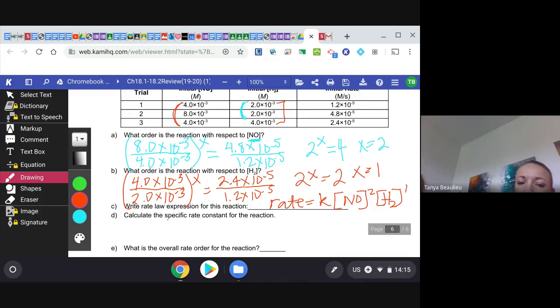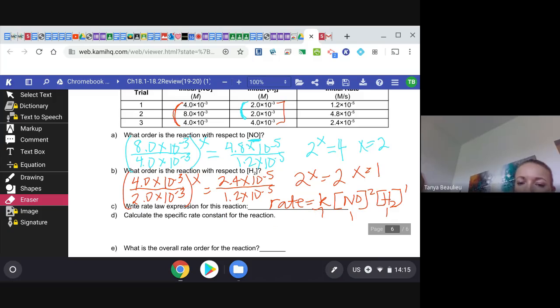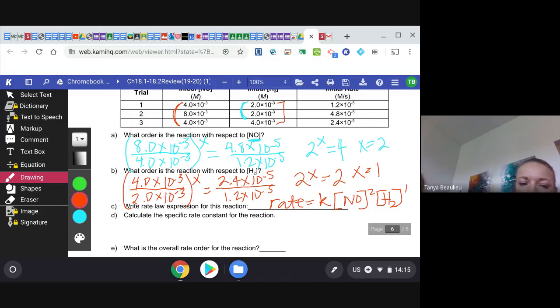Now, to calculate the specific rate constant, that means I'm finding K here. I've got to get K alone. To get K alone, I have to divide by NO squared and H2. So I'm just going to erase this so I can make it easier, I don't have much space here. All right. So then K is going to be the rate divided by NO to the second power times H2 to the first power.